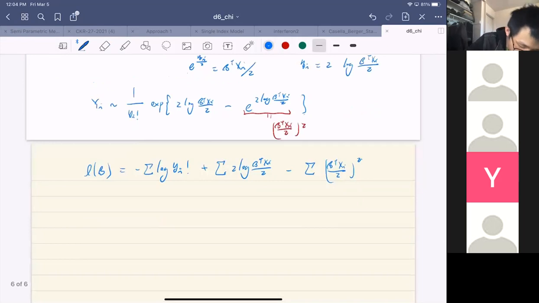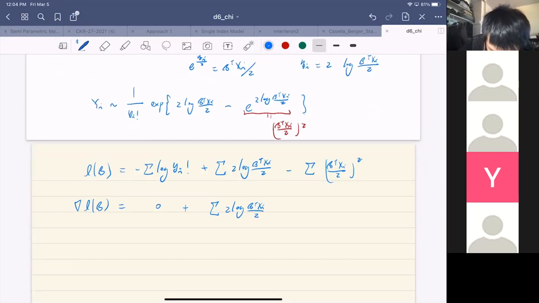Yes, everything is fine. Let's find the first order derivative. So this is linear, and this is 2 log beta transpose Si. Taking the derivative on beta, you add Si here, and over 2, so we can cancel the 2.